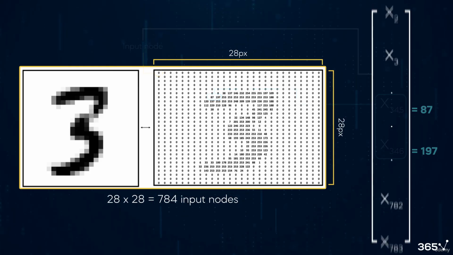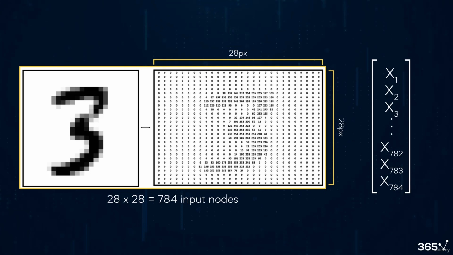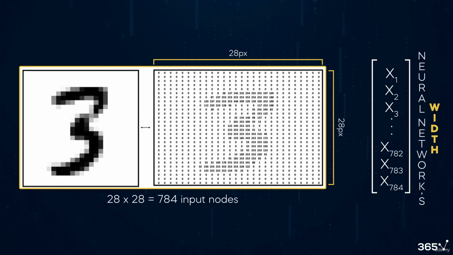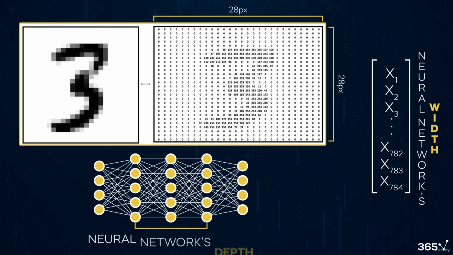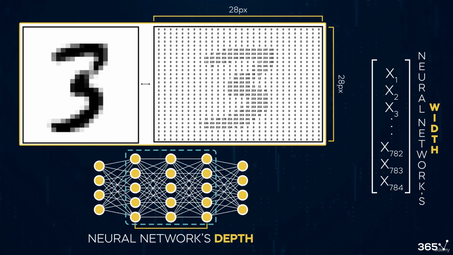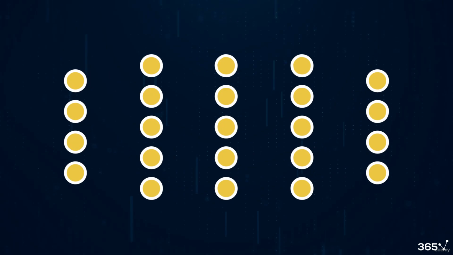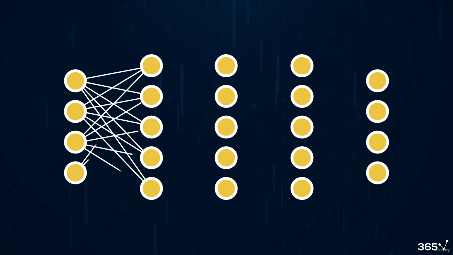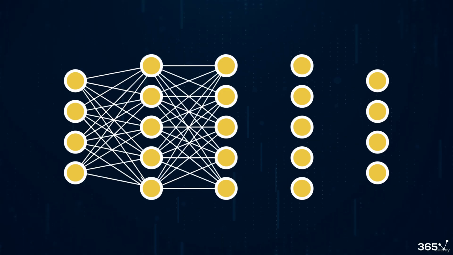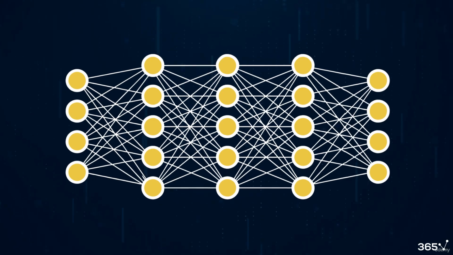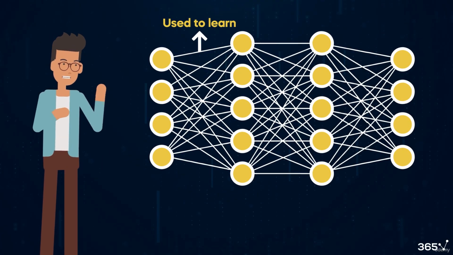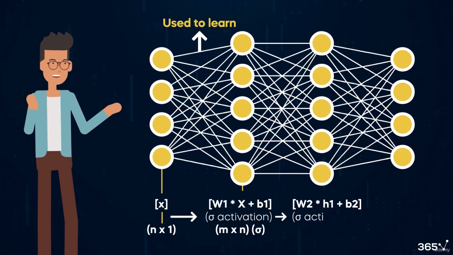We describe the 784 input nodes in the input layer as the neural net's width and its number of layers as its depth. Here, the network comprises 3 hidden layers along with the input and output layers, totaling a depth of 5. We have numerous connections between nodes because each layer's nodes are linked to every node in the subsequent layer. This extensive network of connections is essential for learning from input data, serving as mathematical transformations.